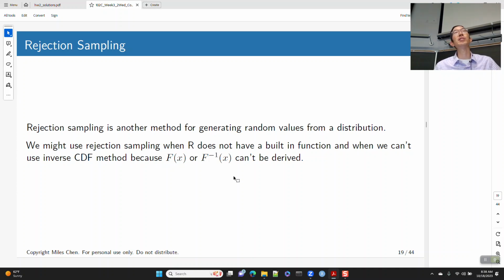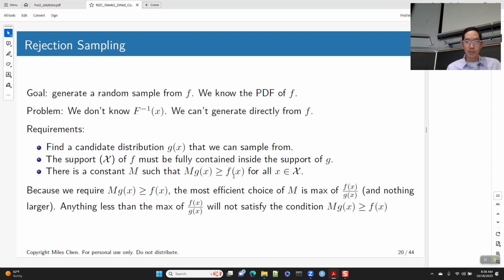But you can imagine some other kind of function where we have a hard time finding the integral of the function, and so finding the CDF is hard. Or maybe you do find the CDF, but then you have to find the inverse of the function, and that's also really hard. So how do we do that? One thing we can do is rejection sampling. The goal is to generate random values from this distribution.